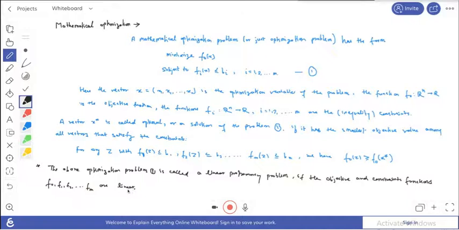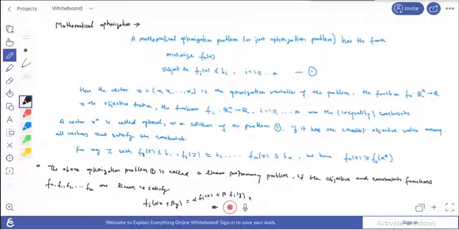Okay, so when we say that these functions are linear, this means they satisfy this equation: for any alpha x plus beta y, fi of alpha x plus beta y equals alpha times fi x plus beta times fi y.